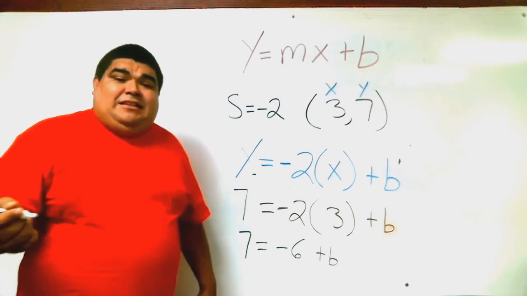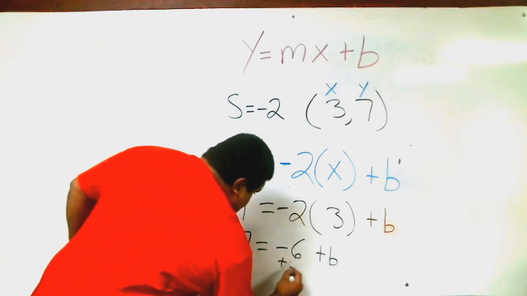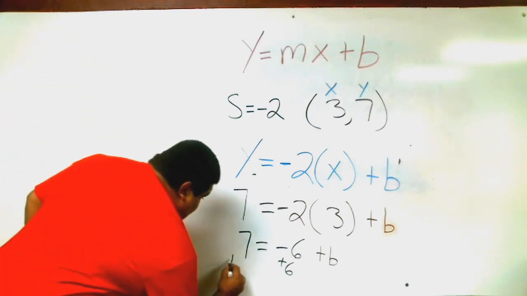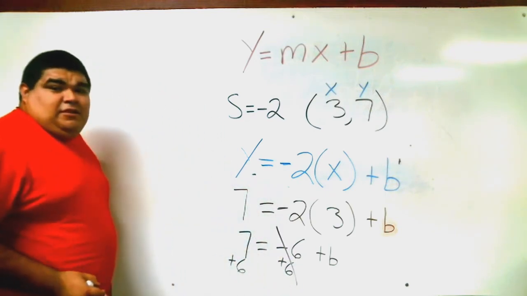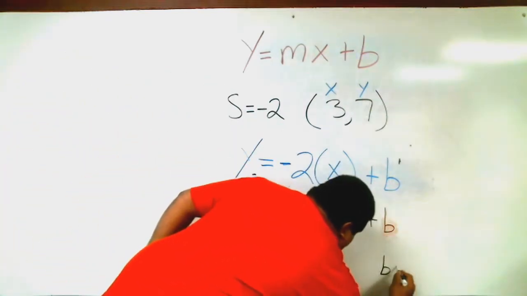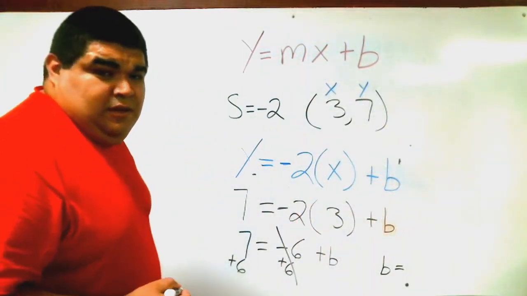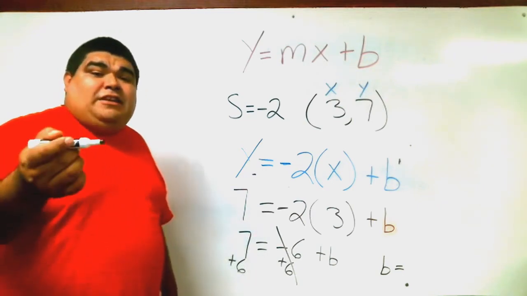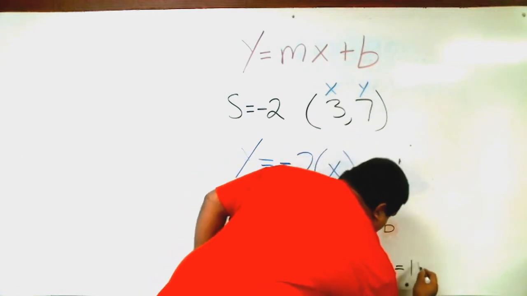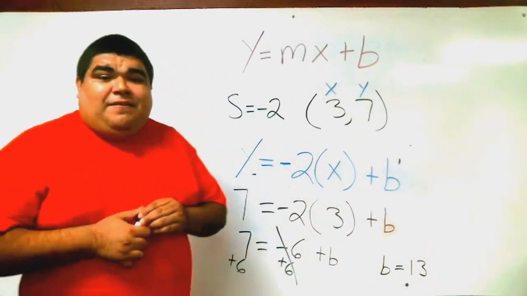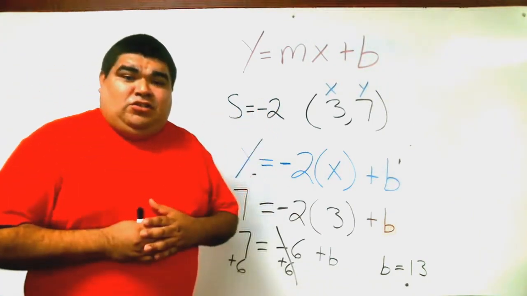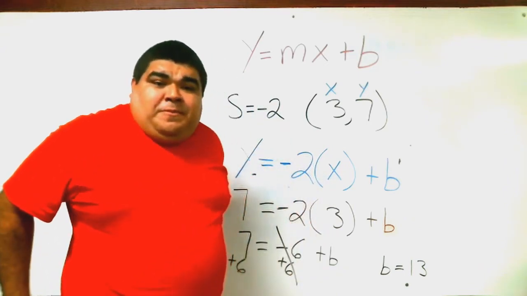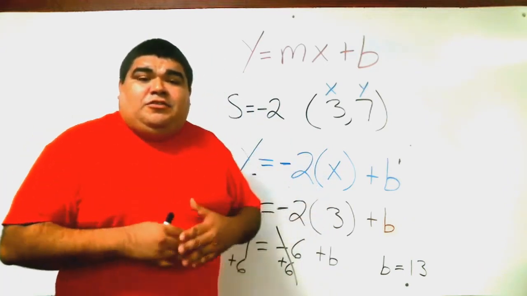The opposite of negative 6 is plus 6. Whatever you do to one side, you have to do to the other. The 6's cancel out. So b equals 7 plus 6, which is 13. So b equals 13. Now that we have the slope and b, we can create our equation.